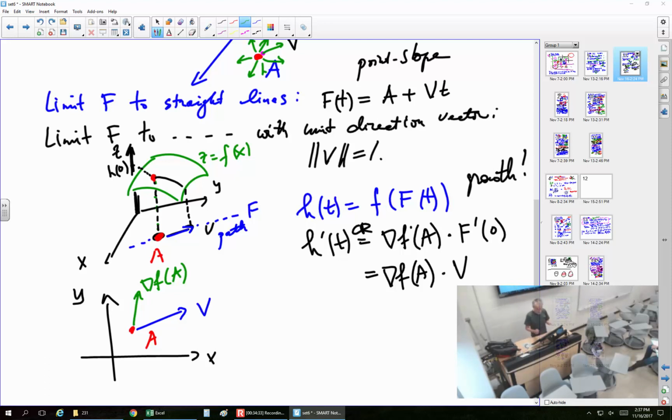Okay, so you can certainly recover that result we discussed yesterday. What if we are actually following the level curve, and then we realize that these would have to be perpendicular. But this time we want to look at them all simultaneously, and we want to sort of classify or evaluate h prime of t in terms of v.